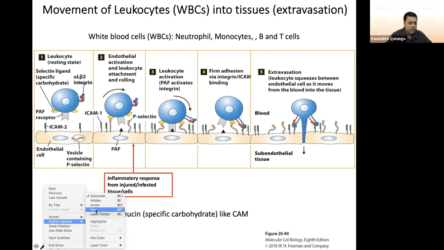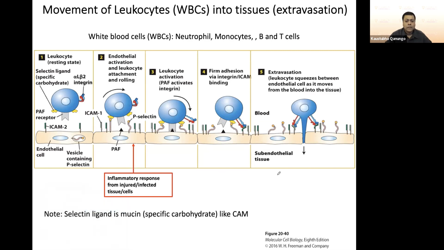Okay, so right here you have a blood capillary, and this blood capillary does have these cells. These are what you are seeing right here. And suppose this is your skin surface and you have a wound right here, somewhere, not that close. You have a pathogen invasion or wound in this area.